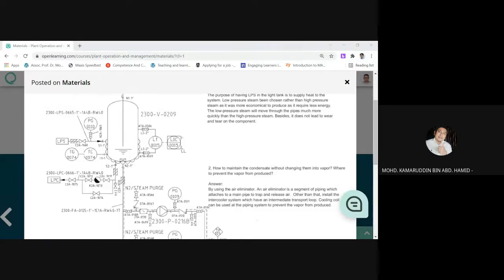When there is a need to lower the pressure, what pressure? We call this system the low pressure steam system.